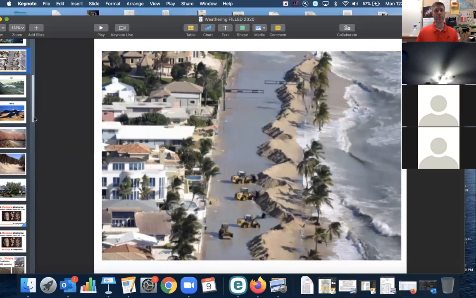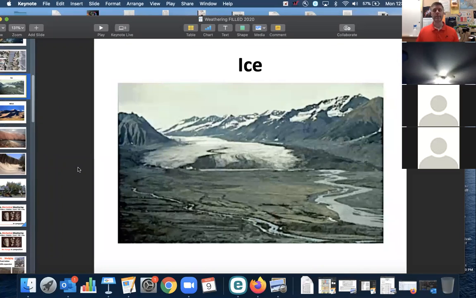Not like we have to worry about that here, but ice, and more specifically glaciers. So glaciers are often referred to as a river of ice because it does move, or they flow, because they're moving downhill from mountain valleys. They move a lot of material as well. If we think back to the fast-moving water making that V-shaped valley, glaciers tend to make more of a U-shaped valley.